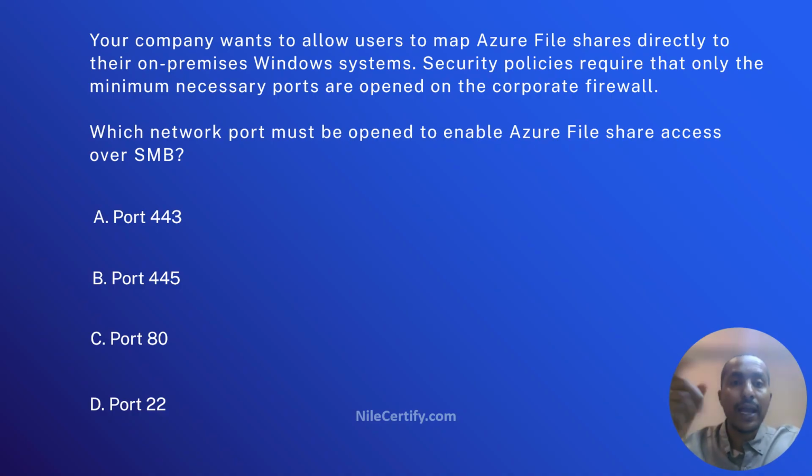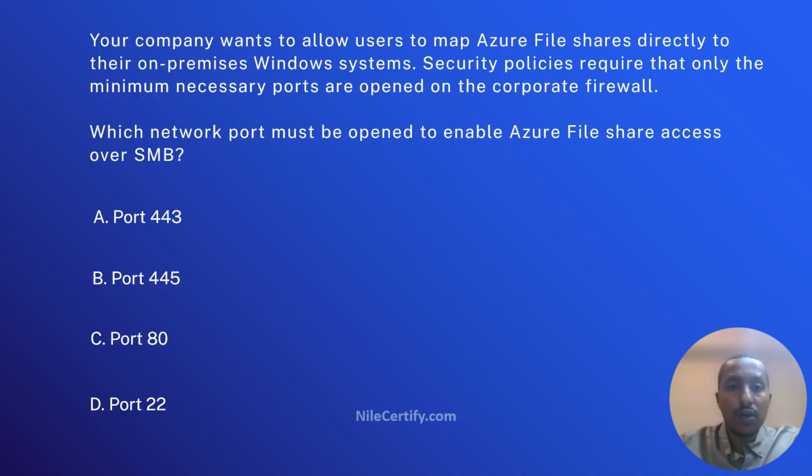So let's start by highlighting the key phrase here, which is mapping Azure file share directly to on-premises Windows systems. We can also highlight minimum necessary ports. This tells us two important things. First, we are dealing with Azure Files and accessing it using the SMB protocol, not just HTTP or HTTPS.